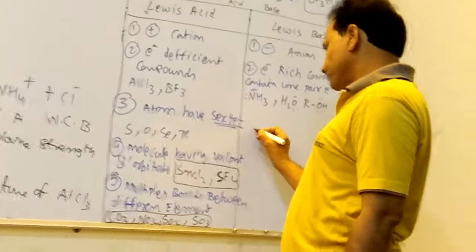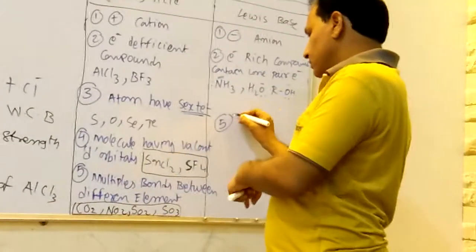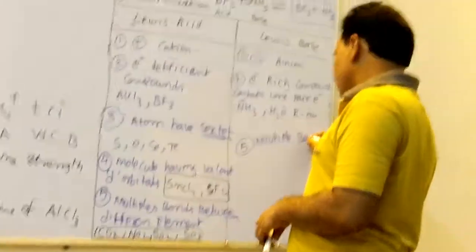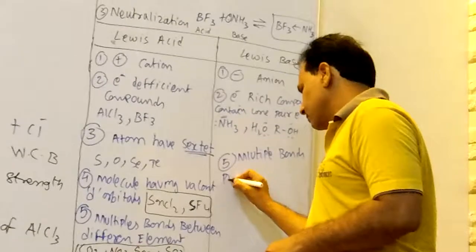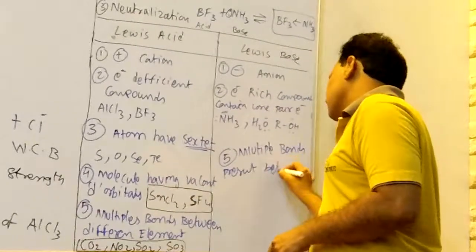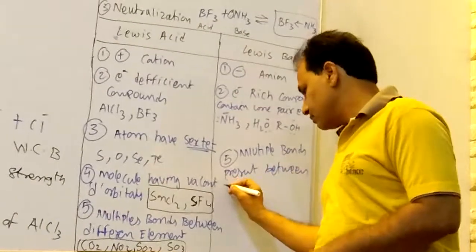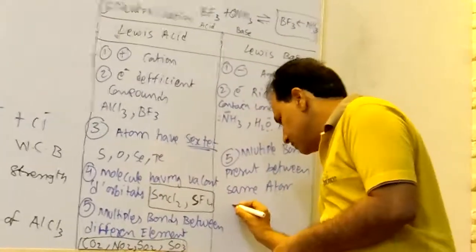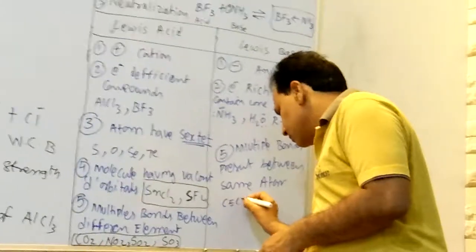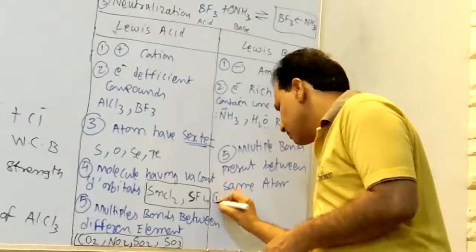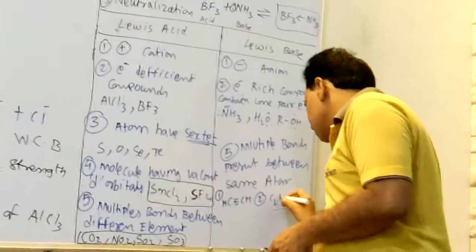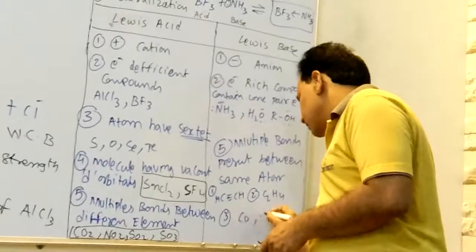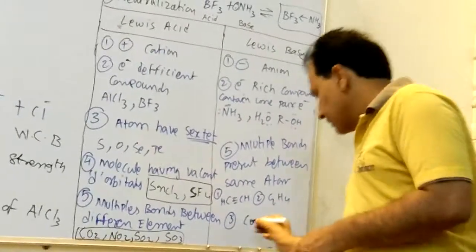Here, multiple bonds present between similar atoms, same atoms, like acetylene with a triple bond, and ethylene, C2H2, C2H4, and CO and NO. These are ligands that contain lone pair electrons.